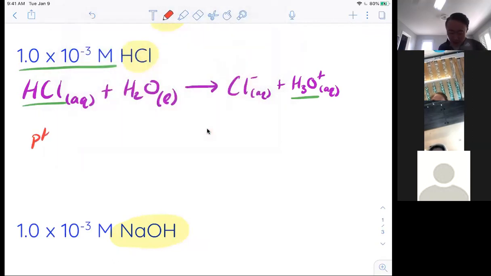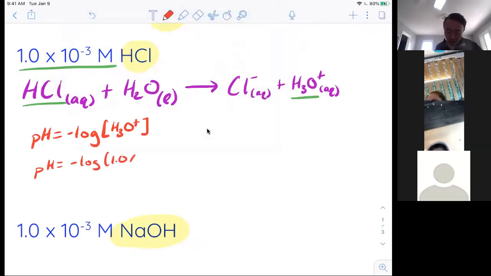The pH equals the negative log of the concentration of H3O plus. And if you really wanted to, you could do an ICE table and show minus x, plus x, but I think we're okay saying that for every one HCl we lose, we'll make one H3O plus. So pH then equals the negative log of our 1.0 times 10 to the negative third molar.